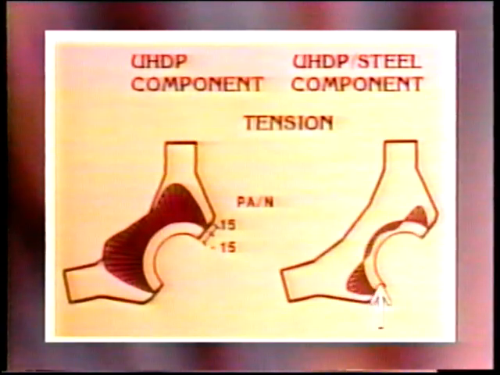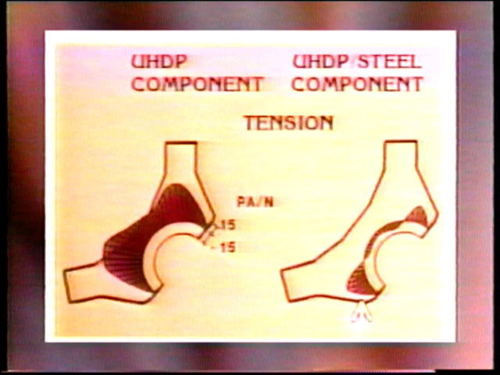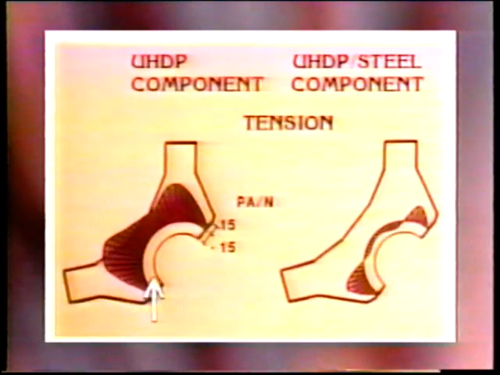In tension, one can again see the difference between the high-density polyethylene socket and the metal back socket. Indeed, the forces are much more normalized on the metal back socket. There are two areas in Zone 3 and Zone 1 where the forces are increased, but indeed the overall composite is much more of a normalized force direction.